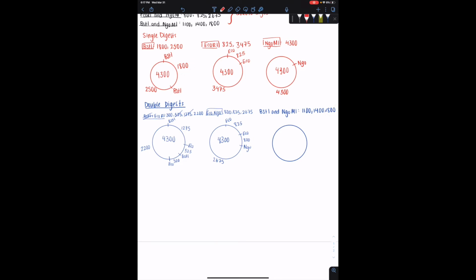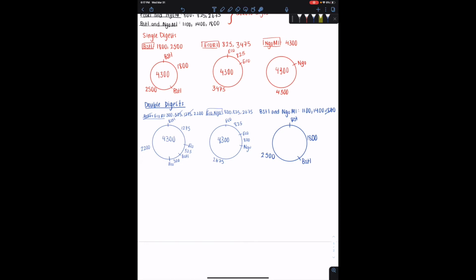So let's draw in our B cuts. So here's the B cut from the single digest, the 1800. We used up 1800, and there was a 2500 right here. And if we add up 1100, I didn't mean to erase that.